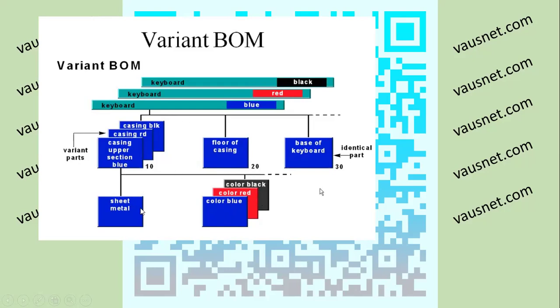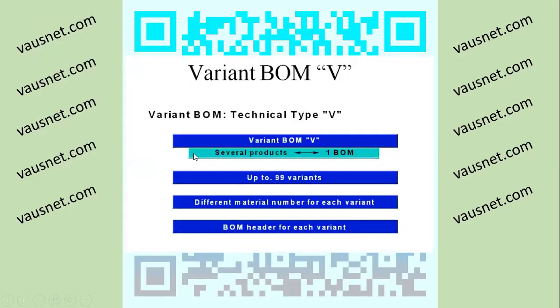Okay, so this is now a multi-level plus variant where the explosion is happening. And at the lower level, we have the metal sheet on which the keyboard casing will be placed. And on that, either it will be blue, red, or black. So colors will also be sourced from the lower level, from the next level to the first level. Okay. So now, 10, 20, 30 can be your material number.